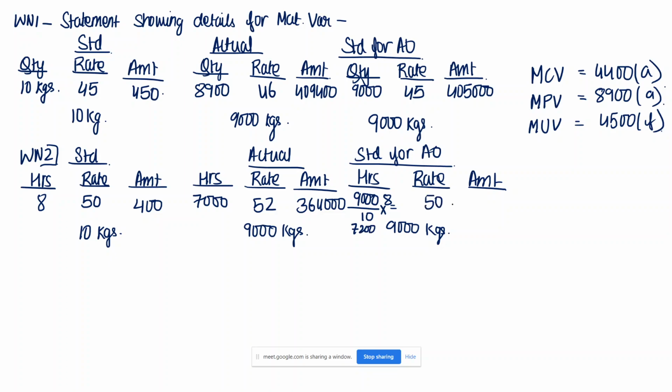So what is the amount? 3,60,000. Quickly, labor cost variance, labor rate variance, and labor efficiency variance. This I know would be 4,000 adverse.